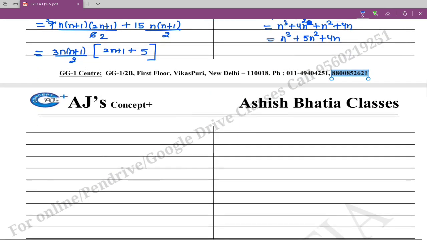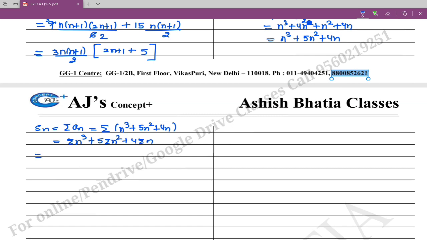Now Sn is given by summation of an, so it will be equal to summation of n cube plus 5n square plus 4n, which will be further equal to summation n cube plus 5 times summation n square plus 4 times summation n.